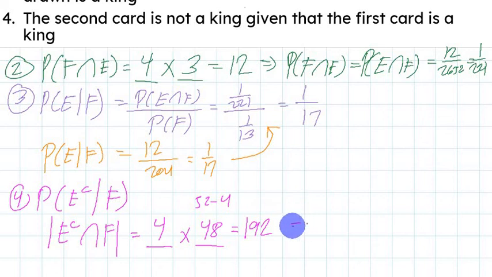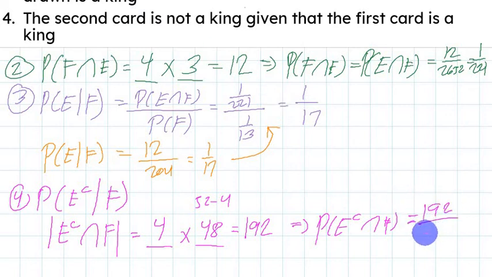So therefore, the probability of the second card not being a king and the first card being a king would be 192 over 2,652. But actually, we would only need this number.